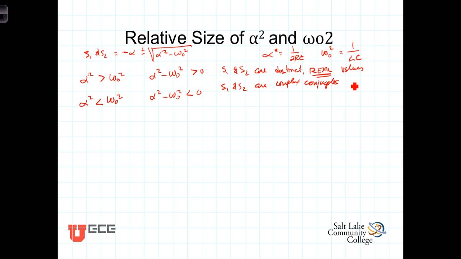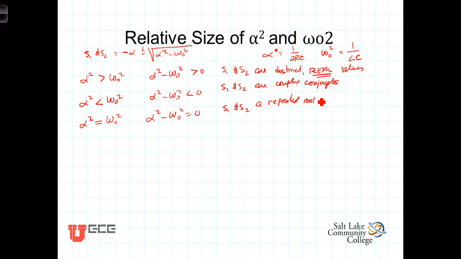Finally, we have the situation where alpha squared is exactly equal to omega naught squared, so that alpha squared minus omega naught squared equals 0. And under these circumstances, S1 and S2 are the same value. They're negative alpha. S1 and S2, a repeated root.